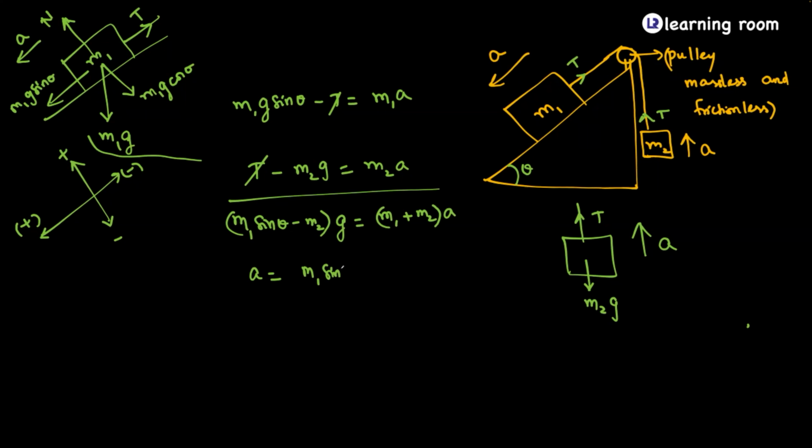M1 sin theta minus M2 into G, the whole divided by M1 plus M2. So this is going to be the value. This is the acceleration of whom? Acceleration of the whole system. Is the point clear? Just make a note of it.